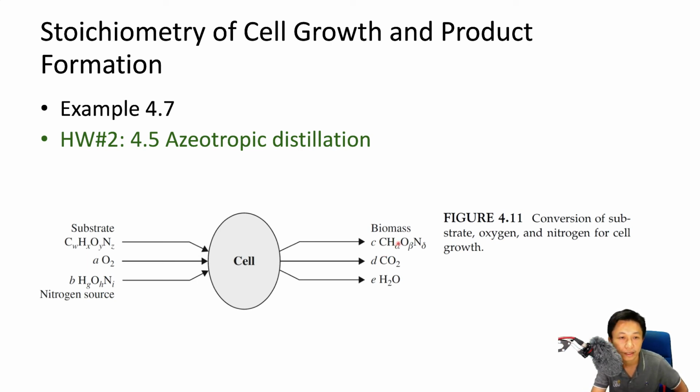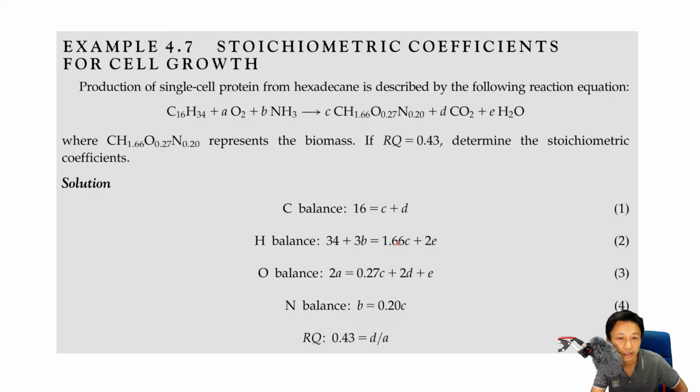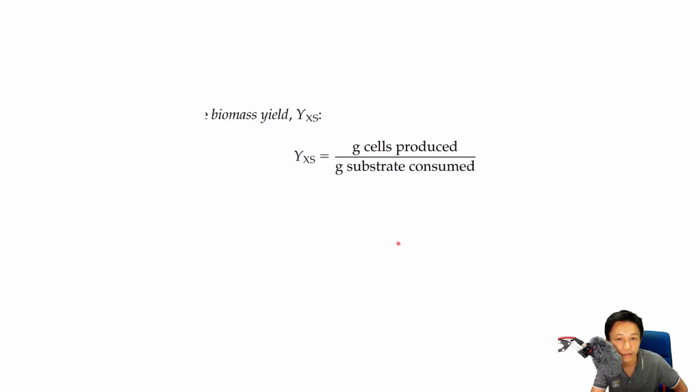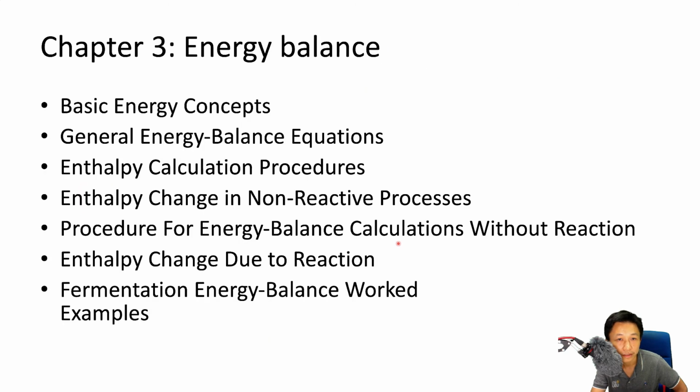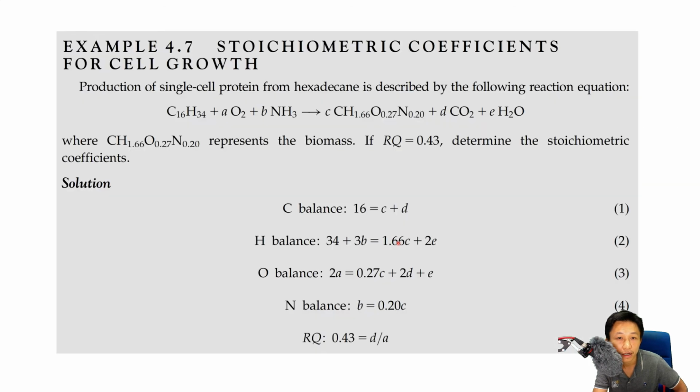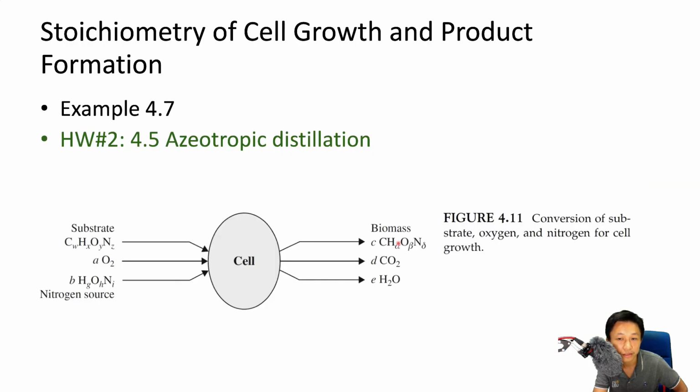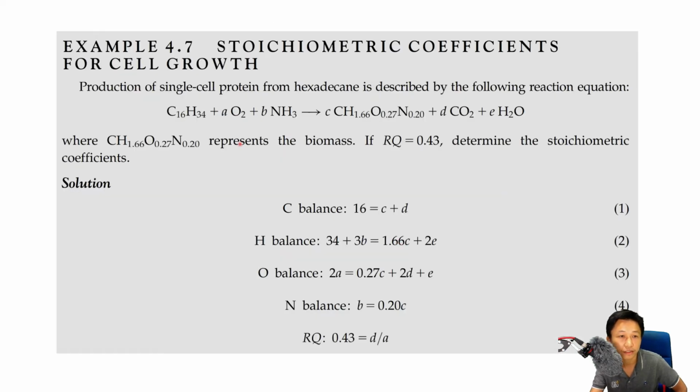Okay, let me see first. This is how we grow. And then we go to the energy balance. For this one, single cell protein from hexadecane is described by this reaction.